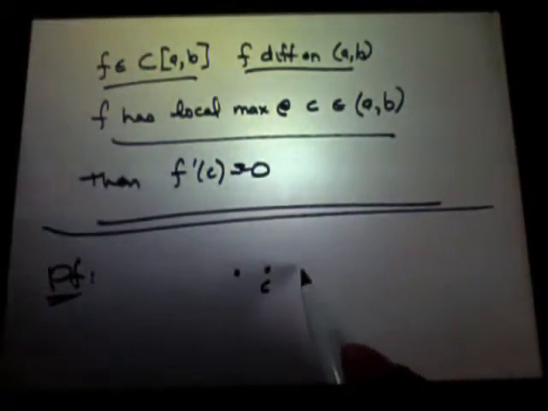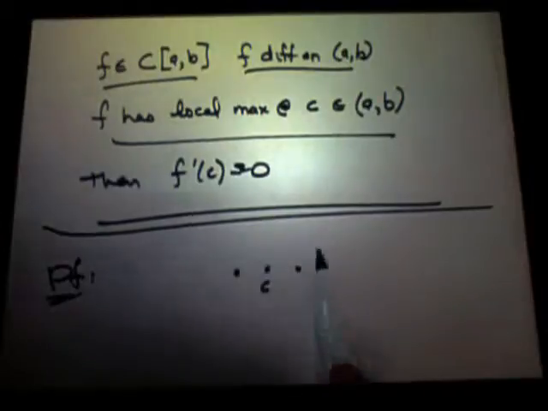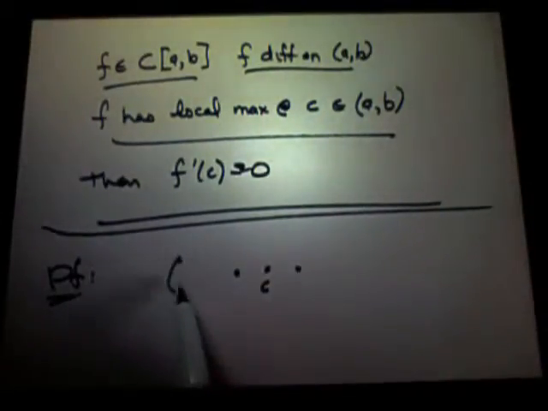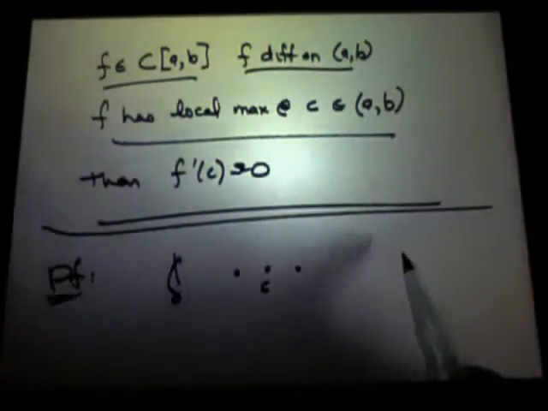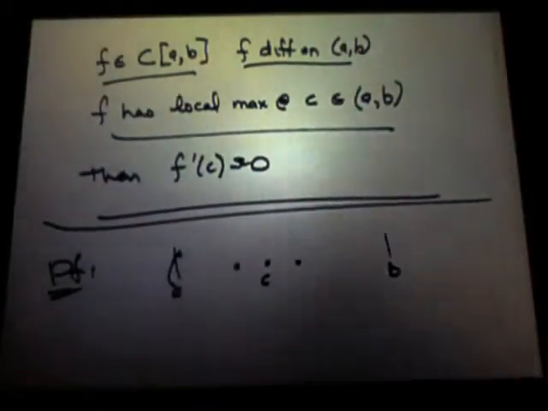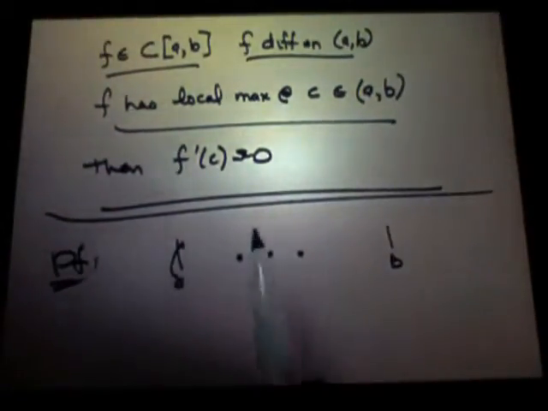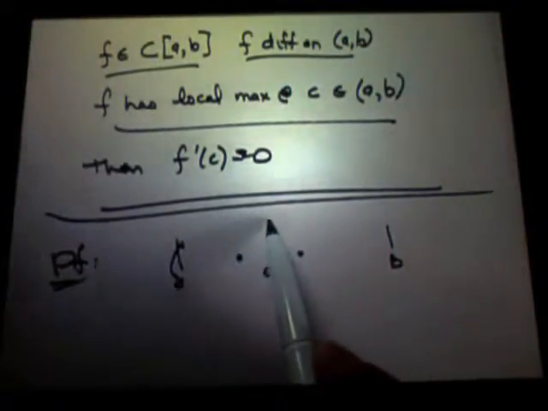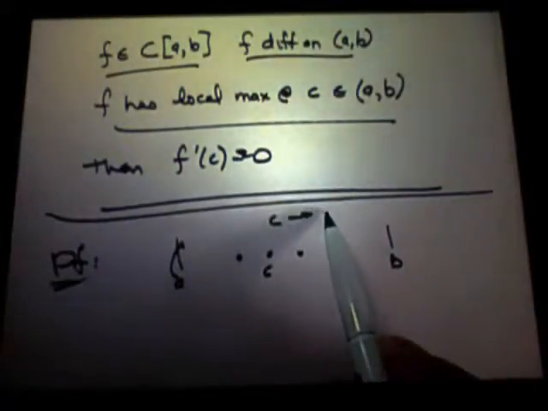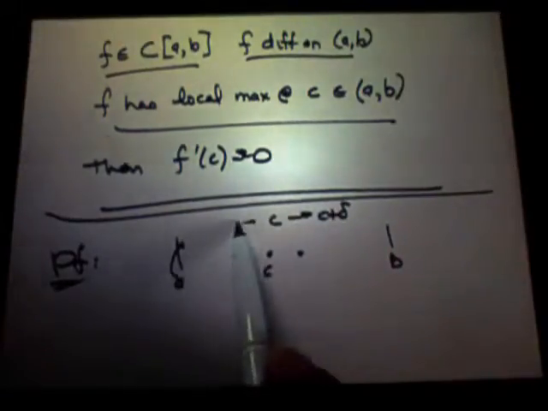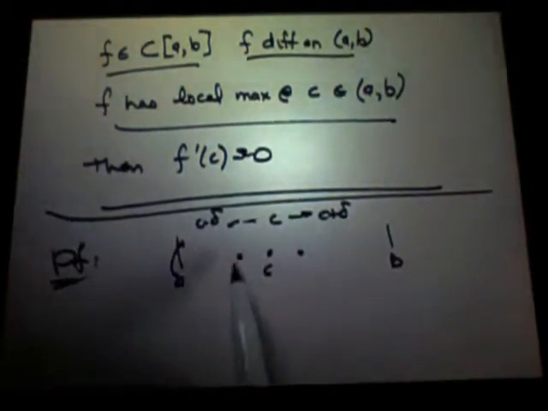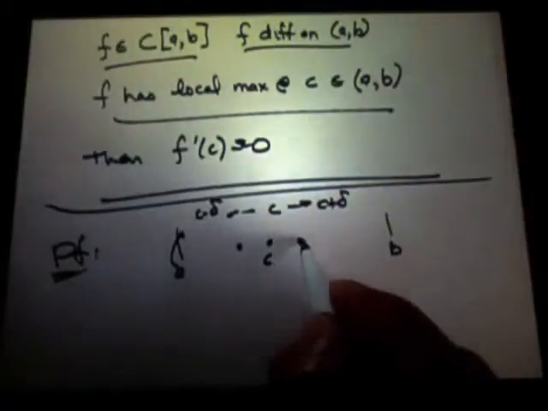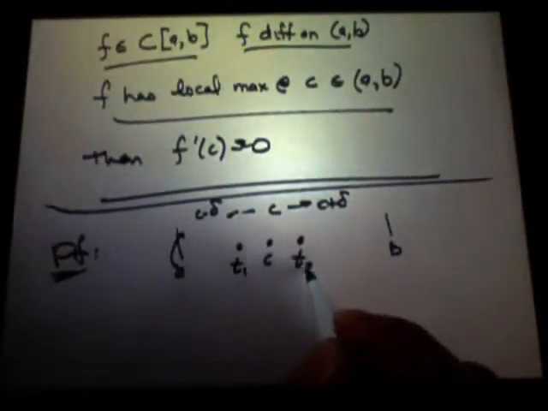Let's pick a point below and a point above. We can always ensure that these points are inside a and b by picking delta small enough. So let's pick an interval, c plus delta and c minus delta, and we get these points t1 and t2.